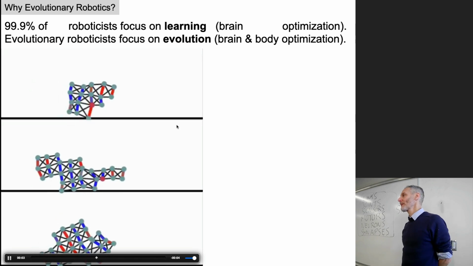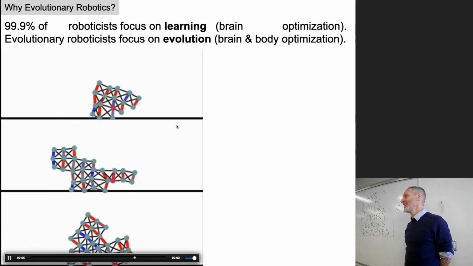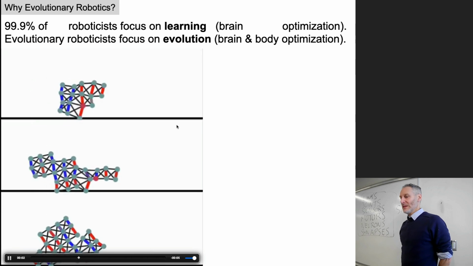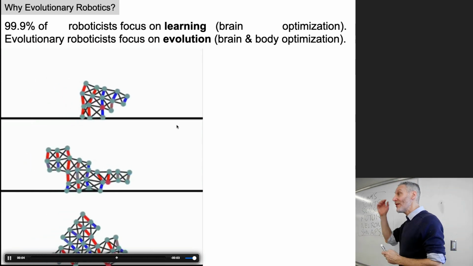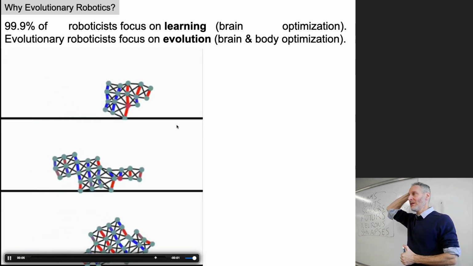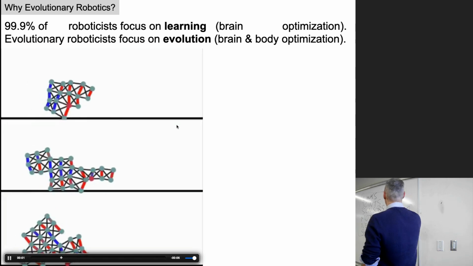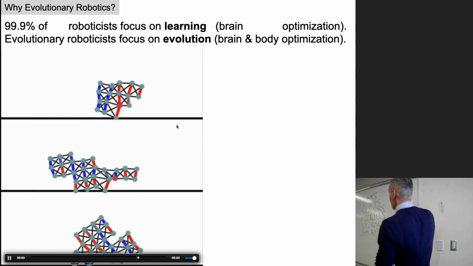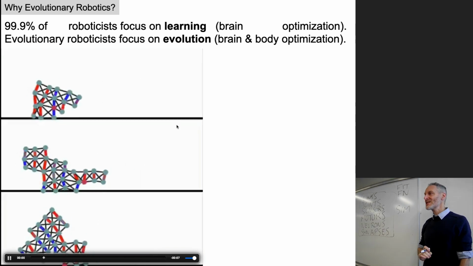Another question. How does the algorithm determine what works? Is it how far it gets? Is it just if it moves? Great question. How does the evolutionary algorithm determine what works? We'll get into more of the details of this a little bit later, but we're going to be using fitness functions.